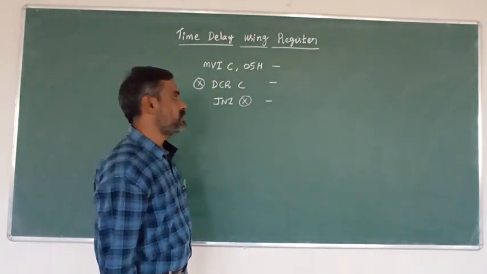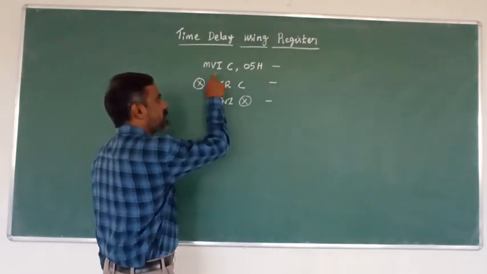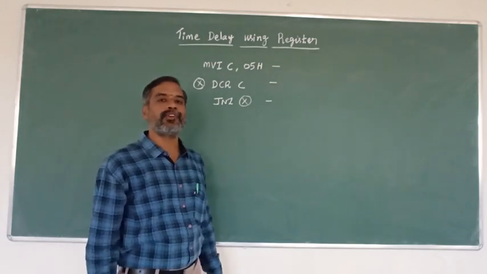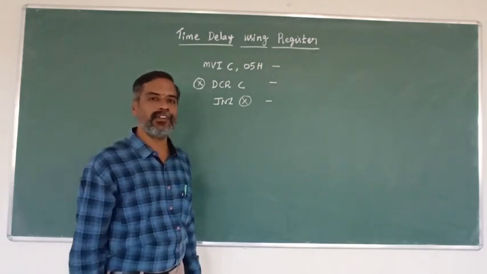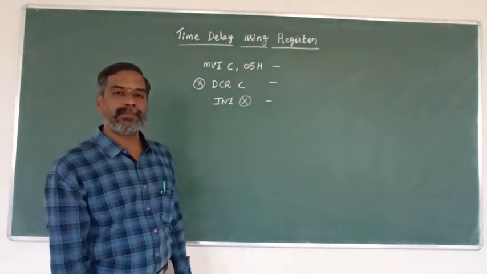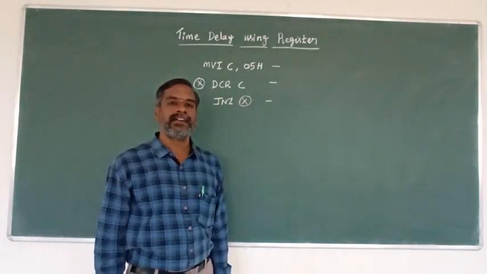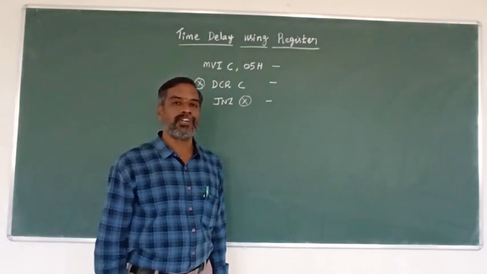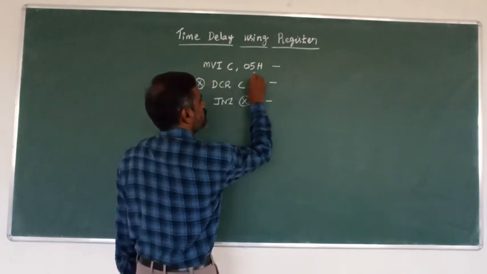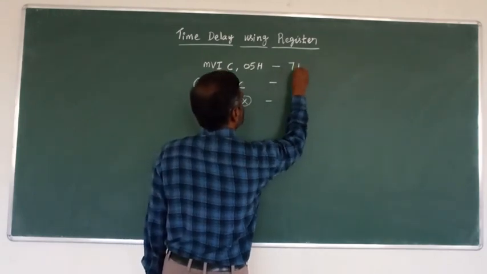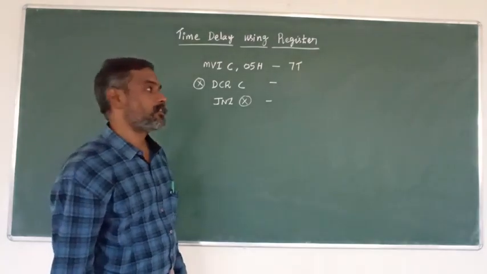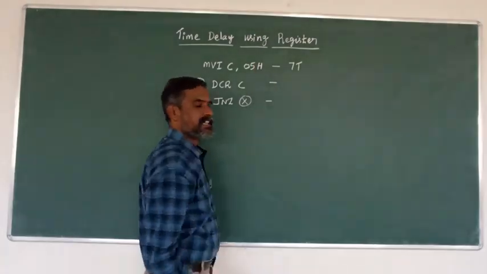The opcode requires 4 T states, and the 8-bit data requires 3 T states. Total 7 T states are required to execute MVI C, 05.